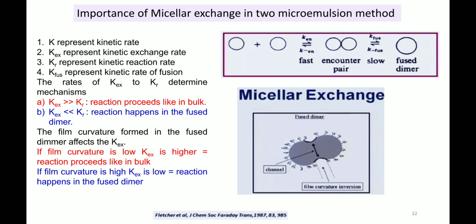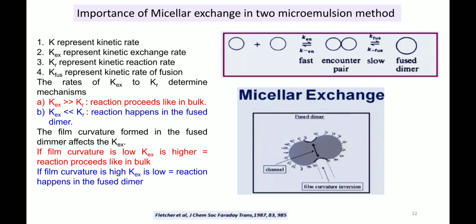So the system can give the kinetic energy, and then it encounters a pair, and the initial process of collision is fast. So we have written below the arrow: fast.